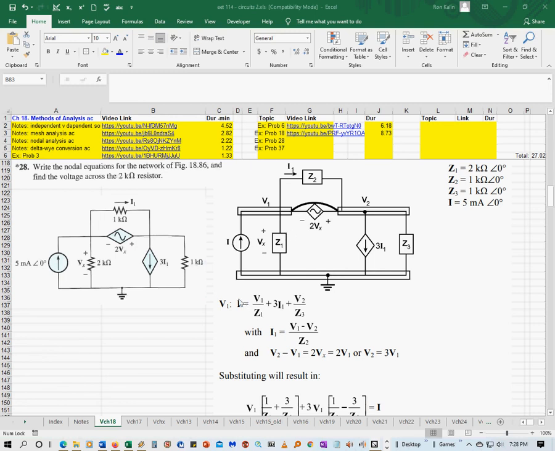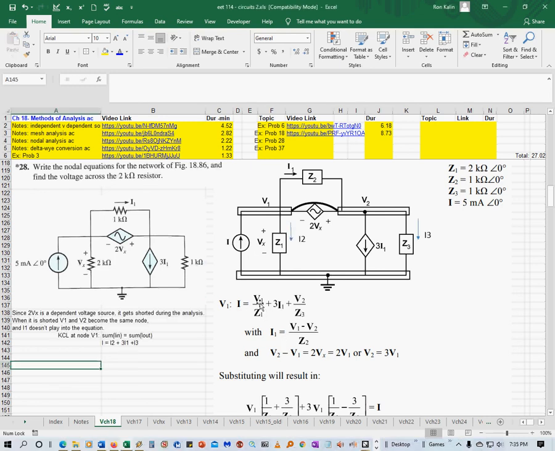So this will be on the side of current going out. I wrote this down for clarity.